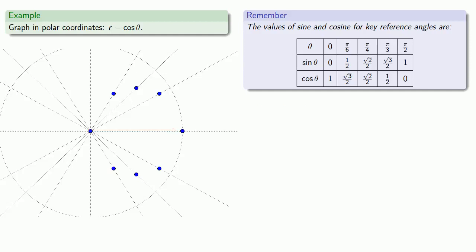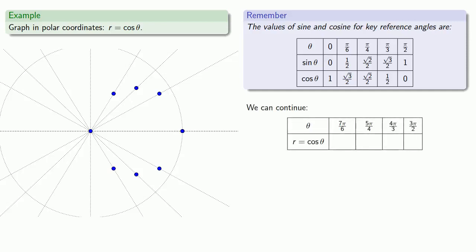We're still only halfway around the pole, so we should continue with some additional values of theta, which will give us additional values of r equals cosine theta. And again, our r values are negative, which means that after we've turned to face the direction specified by the angle, we have to walk backwards. Notice that if we walk backwards, however, we're going to land around or possibly on these points we previously plotted.